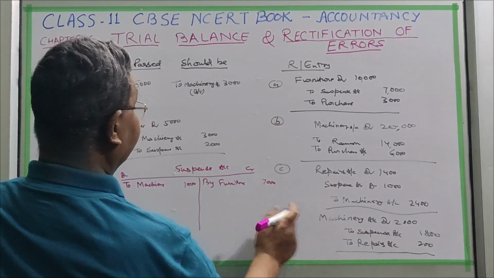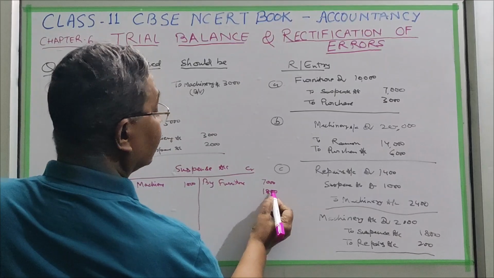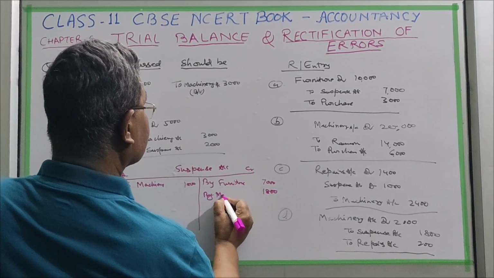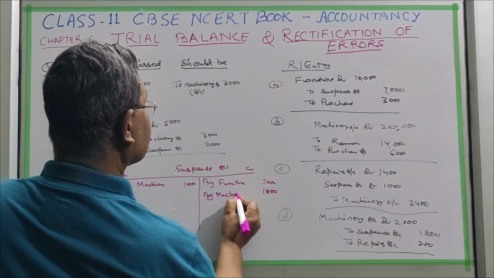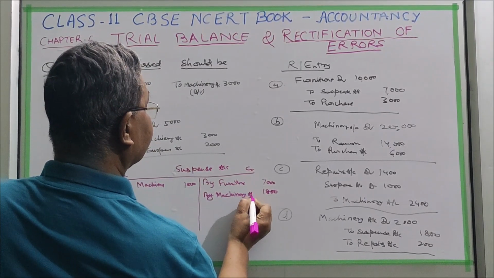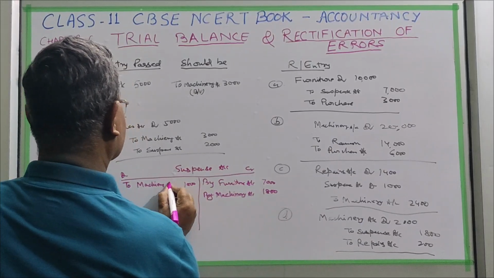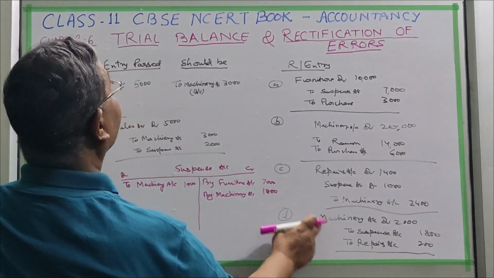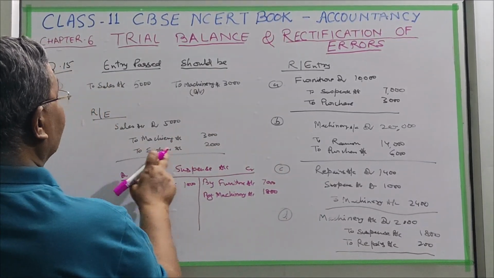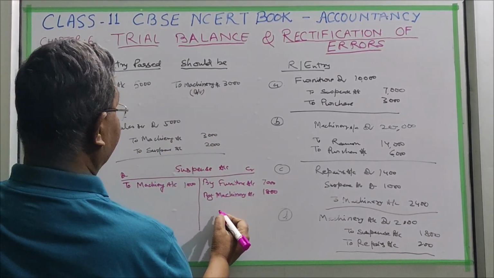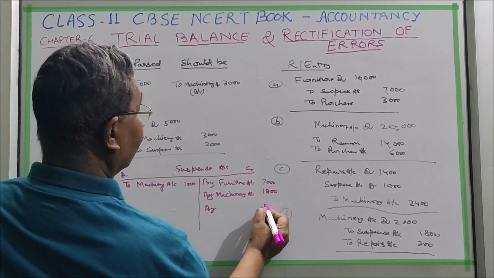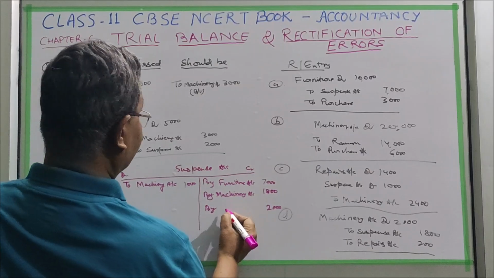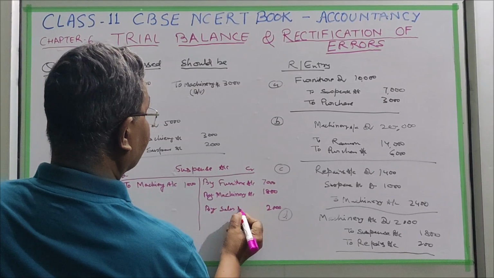Here suspense account credit 1,800, by machinery account. Yeah, this 1,800 is over. Then one entry is there: to suspense account credit side 2,000, and the name will be sales, by sales account.